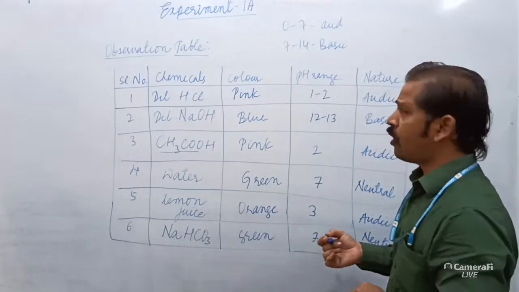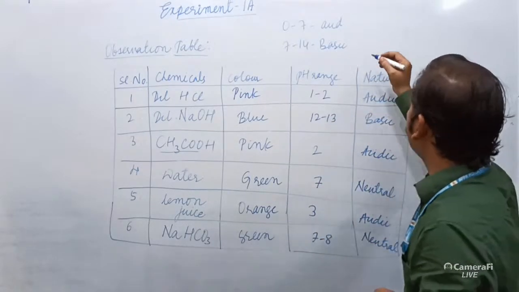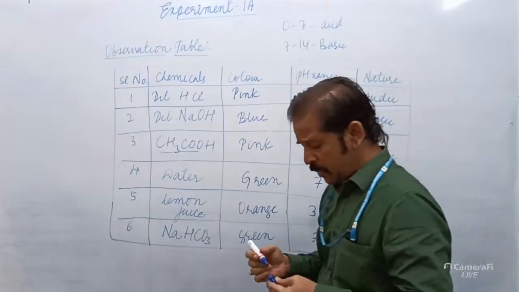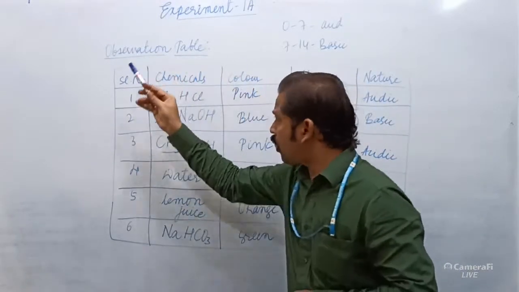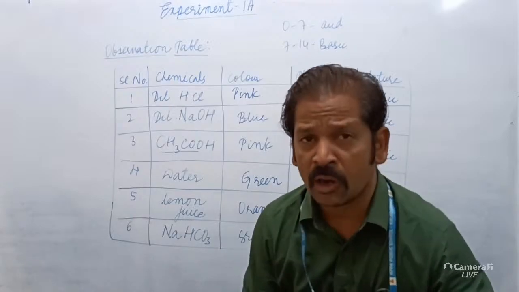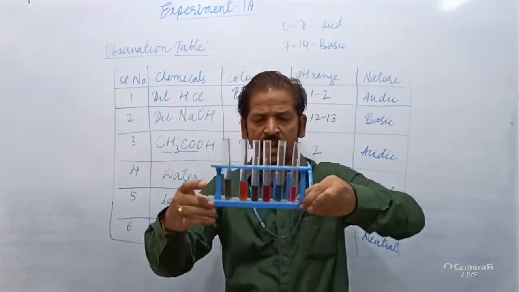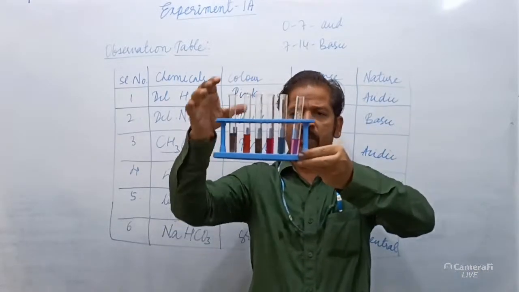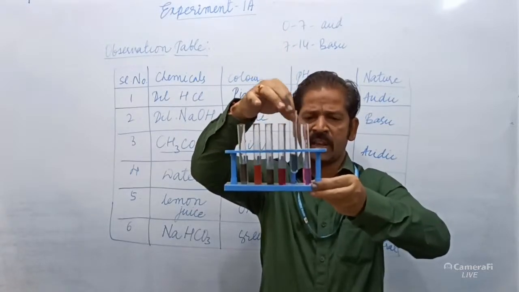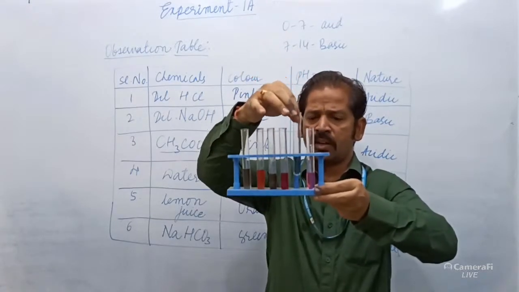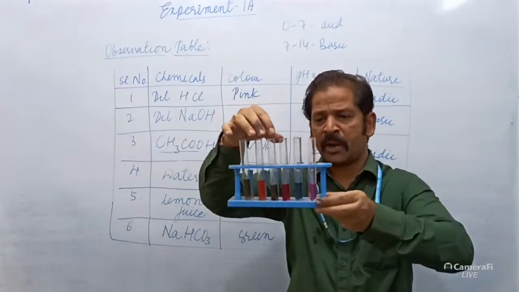Okay, this is all about experiment number 1, and you compulsorily have to take precautions. This is all about this observation. Once more I will show all the chemicals. Here are the chemicals. The first is dilute HCl. The second chemical is sodium hydroxide.